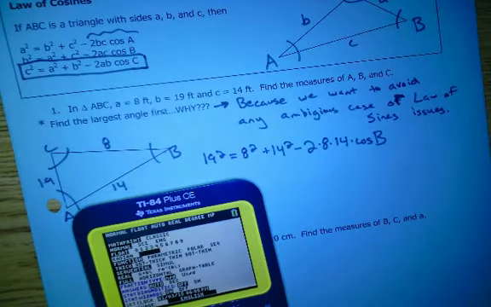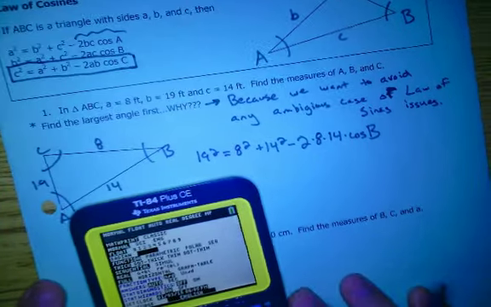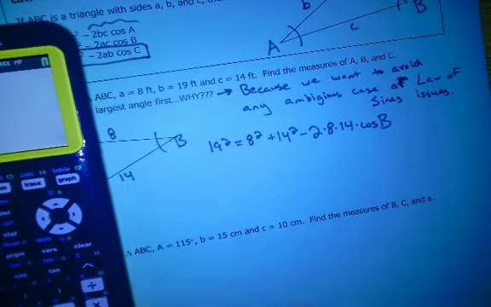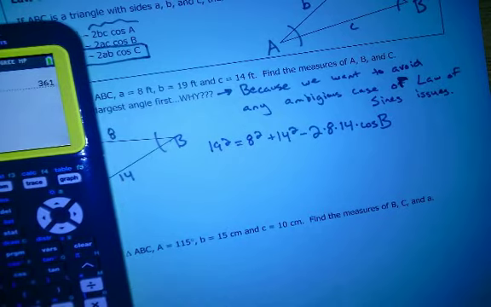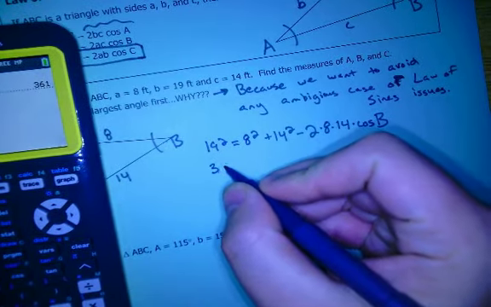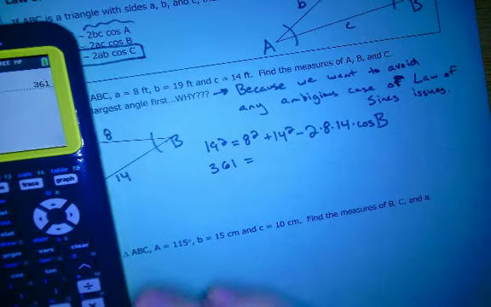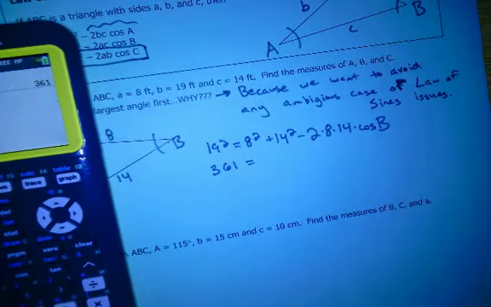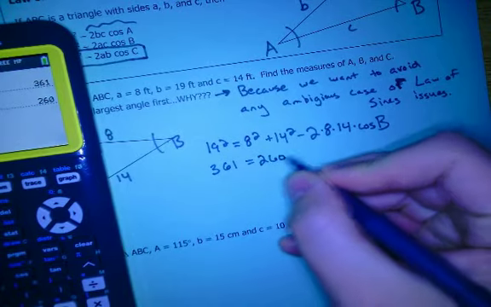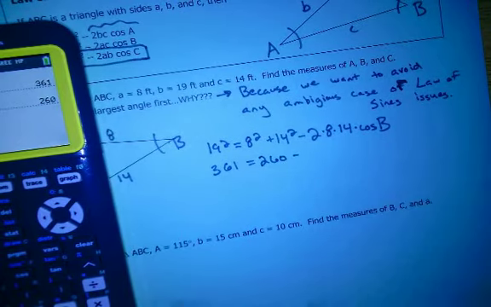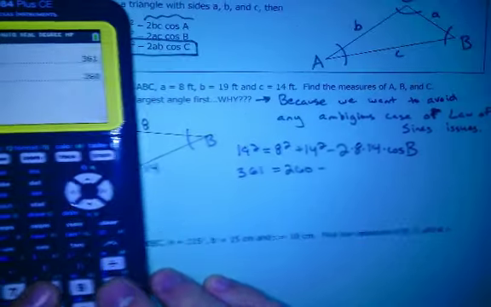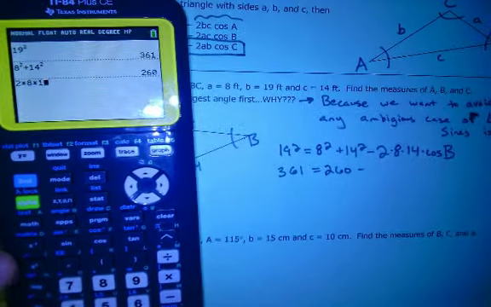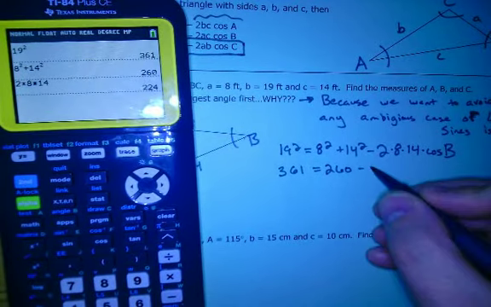If it's not in degree mode, this is not going to work out very nicely for you. It's in degree mode. We're going to do 19 squared, which is 361, equals 8 squared plus 14 squared, which is 260, minus 2 times 8 times 14. I have a feeling you could do this on your own if you had to.